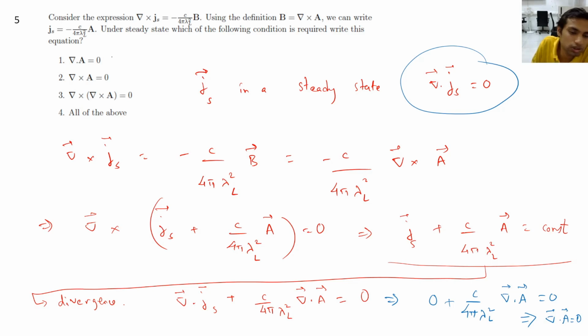This condition is called the Coulomb gauge. So to write that equation, we have to work in the Coulomb gauge, which means divergence of A is 0.